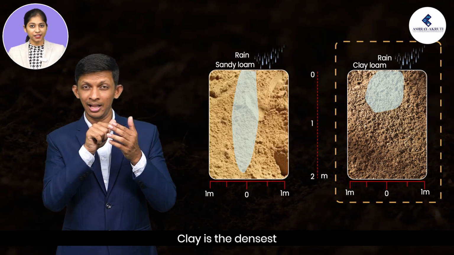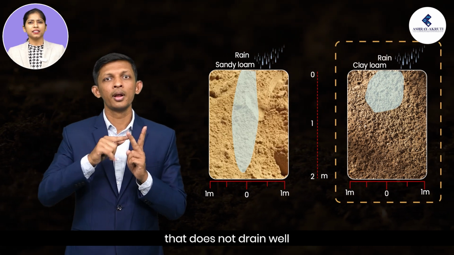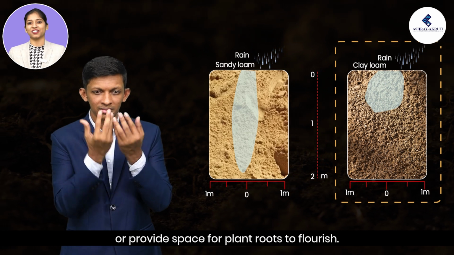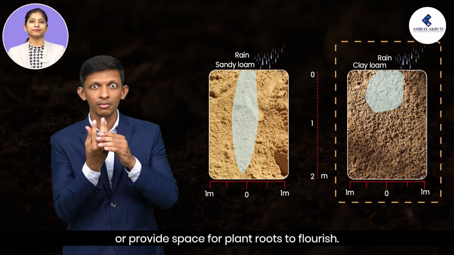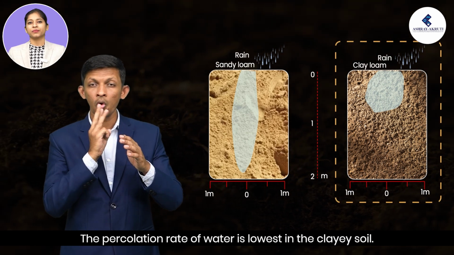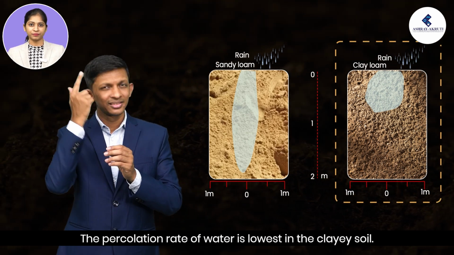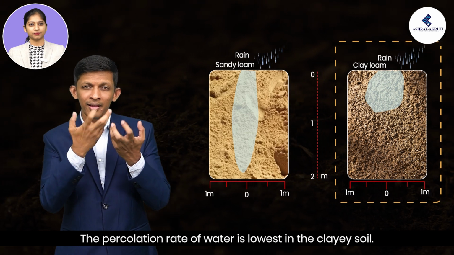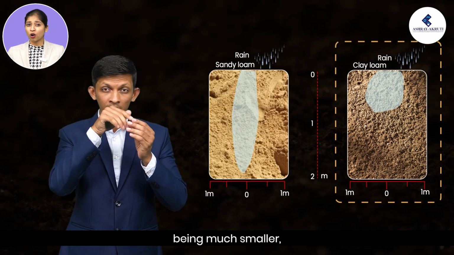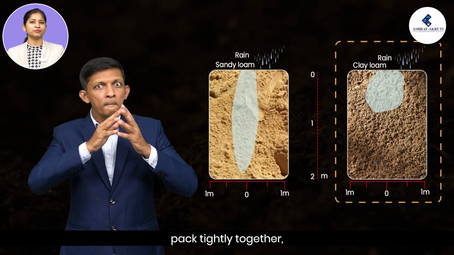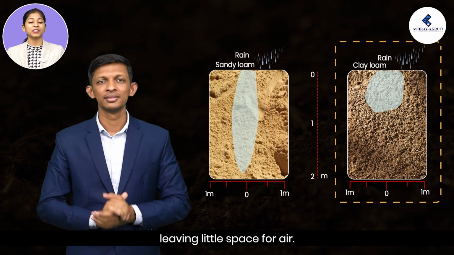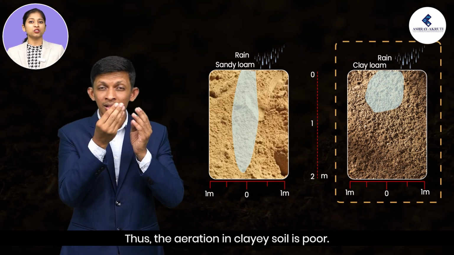Clay is the densest and heaviest type of soil that does not drain well or provide space for plant roots to flourish. The percolation rate of water is lowest in the clay soil. Clay particles, being much smaller, pack tightly together, leaving little space for air. Thus, the aeration in clay soil is poor.